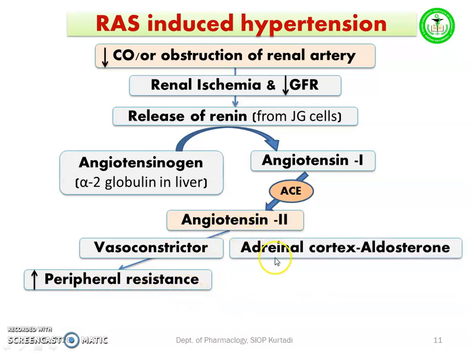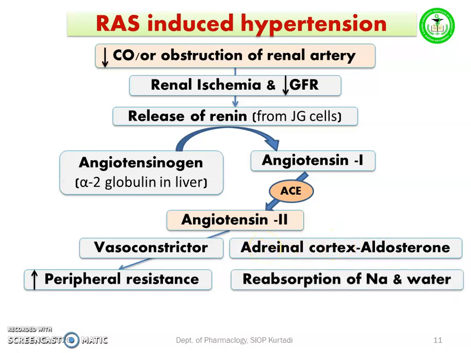Meanwhile, it also acts on adrenal glands which are present on kidney and induces release of aldosterone from the cells of adrenal cortex. This aldosterone further acts on the distal part of the nephron and induces the maximum reabsorption of sodium and water.